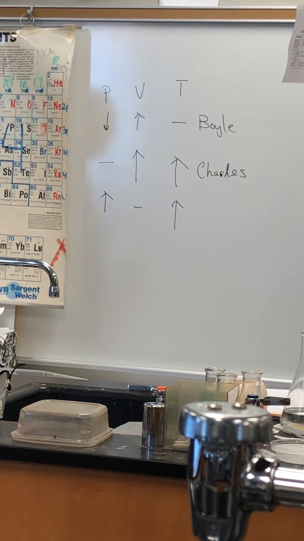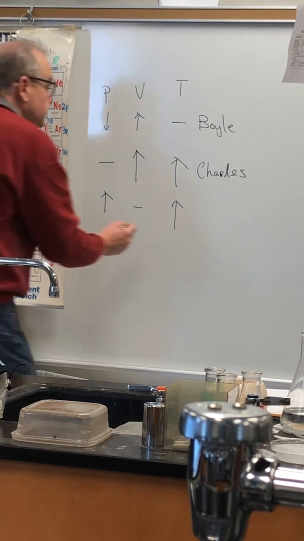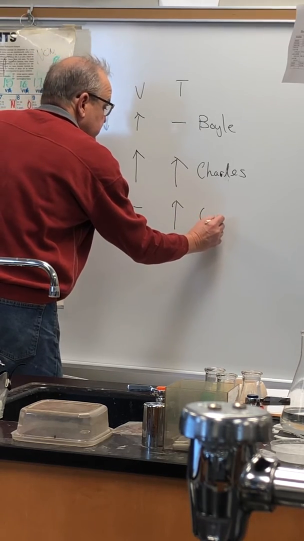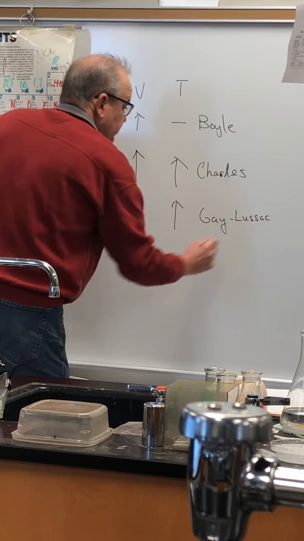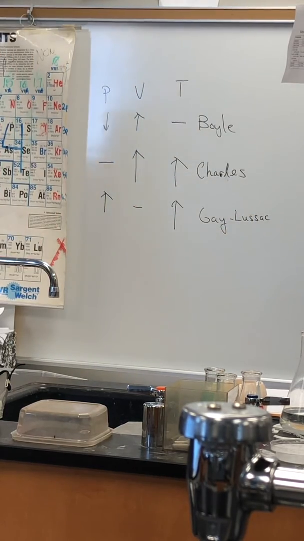That gas law says that pressure is directly proportional to temperature. As the temperature goes up, the pressure goes up. Most often it's named after a French scientist from many years ago named Lussac. So Lussac's law: pressure goes up, temperature goes up.